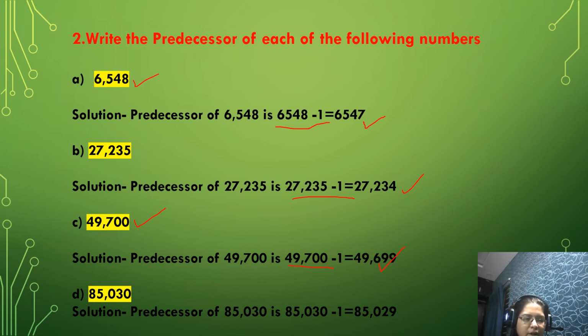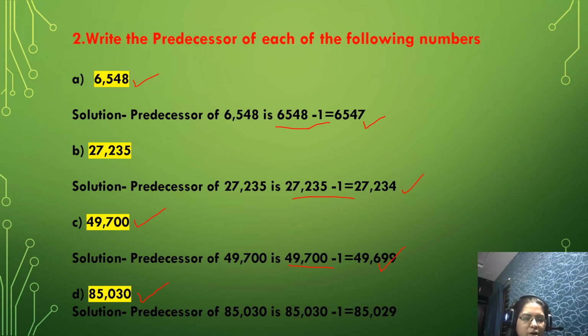What is given in the fourth? 85,030. We read it as 85,030. And what is the predecessor of this number? Predecessor of this number is just subtract 1 from this number.